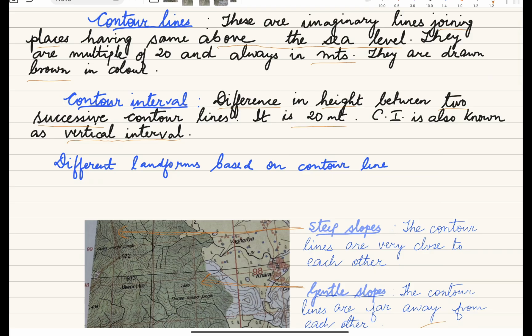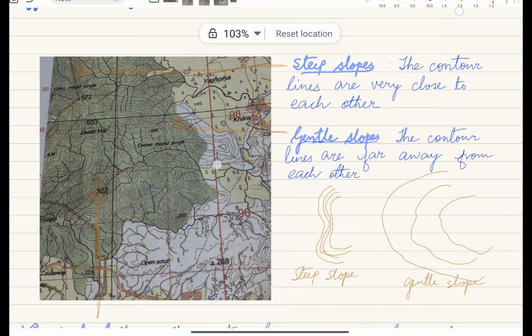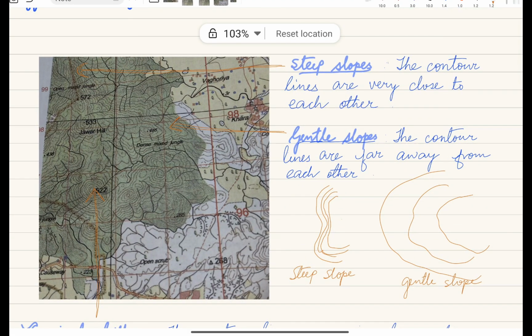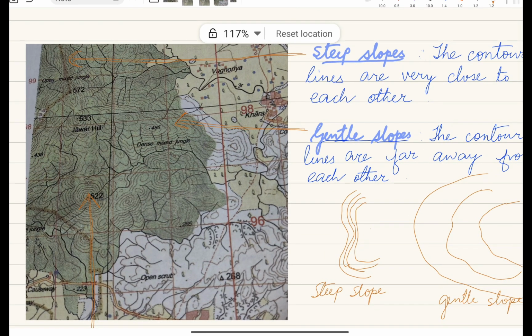Now with the help of contour lines we can identify different landforms. For example, if you see this landform, the brown lines are very closely spaced. When the contour lines are very close to each other, we understand that the slope is steep.